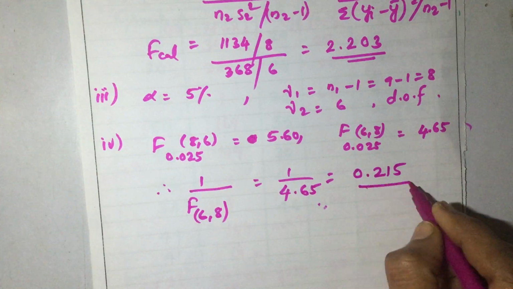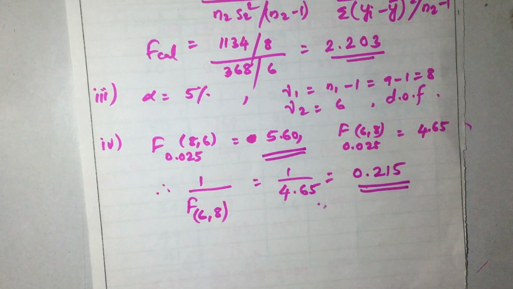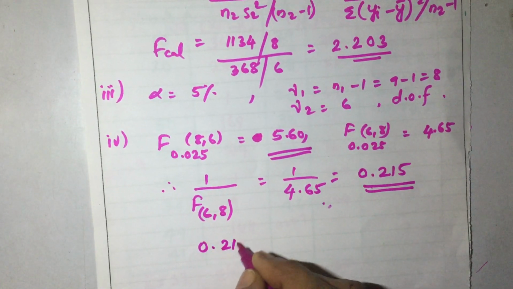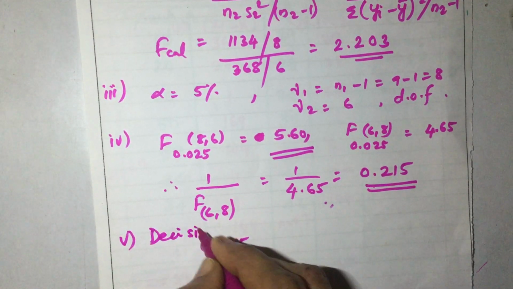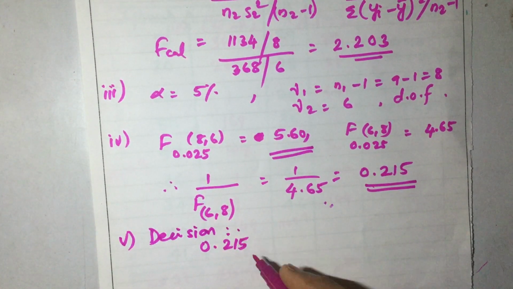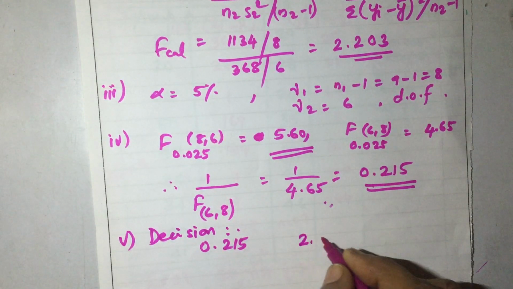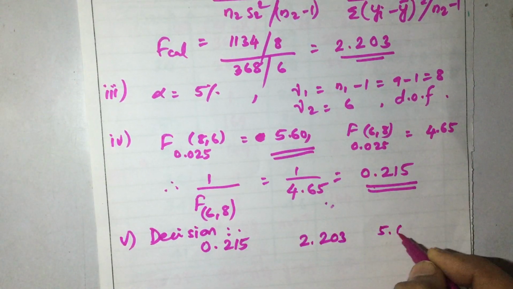So this value and the calculated value, you can see that 0.215. So now decision: 0.215 is here, then 2.203 is there, and this is 5.60.